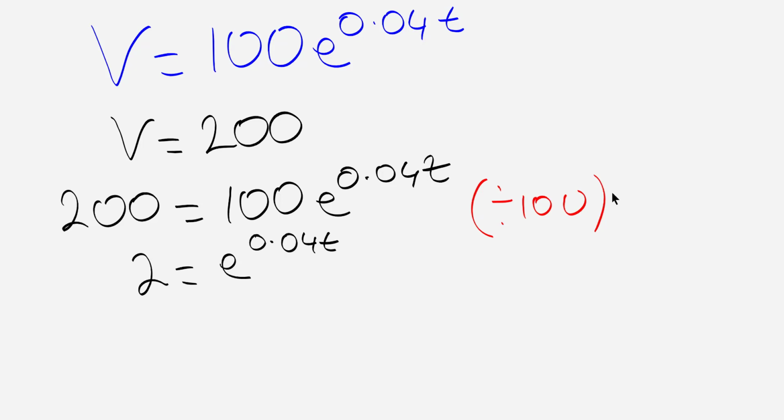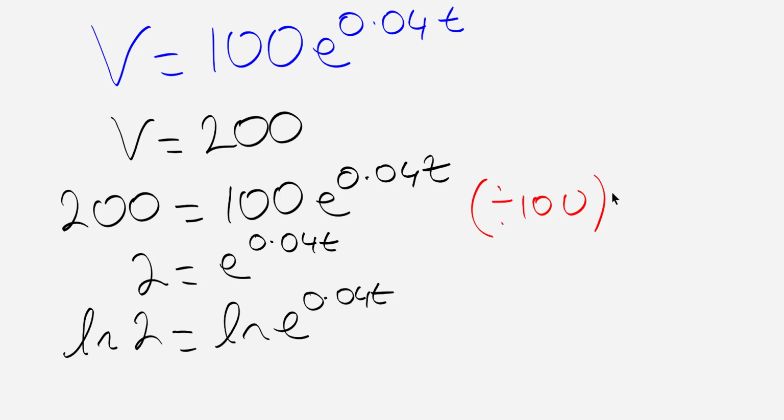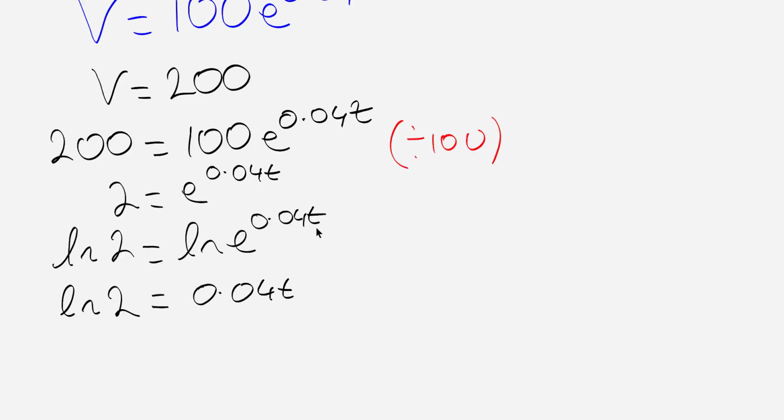And then I get the natural log of both sides. So the ln of 2 is equal to the ln of e^0.04t. And we know that the ln of e to the power of 0.04t is simply 0.04t. So we have ln 2 = 0.04t. Therefore, ln 2 divided by 0.04 will equal t.